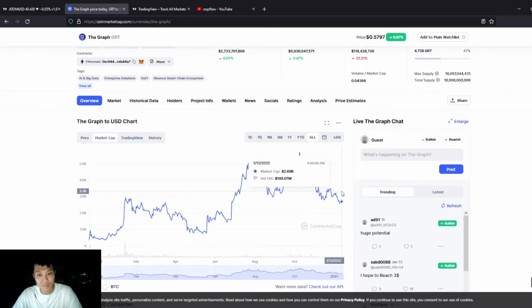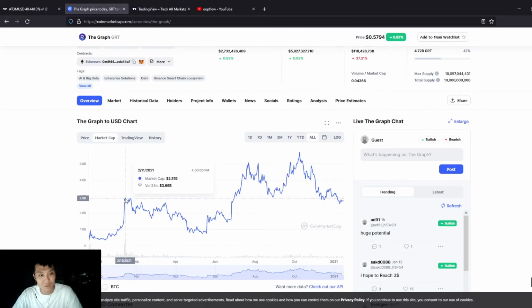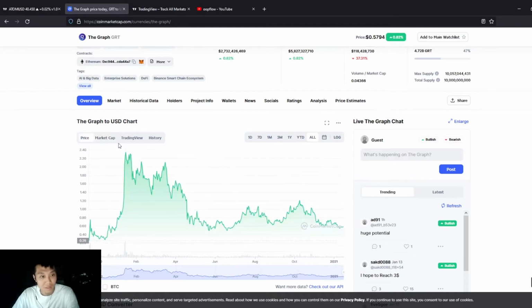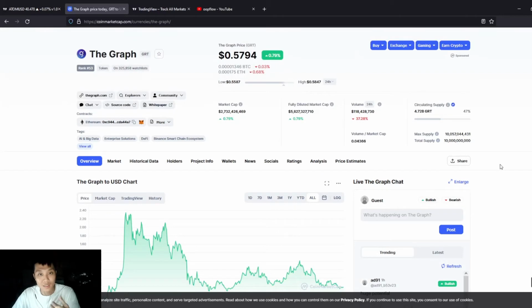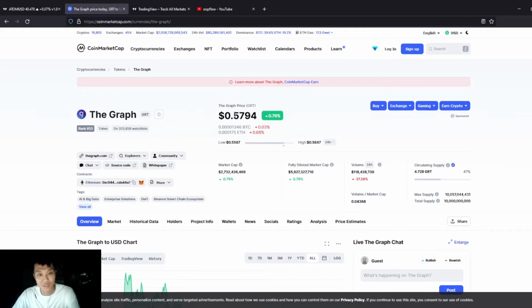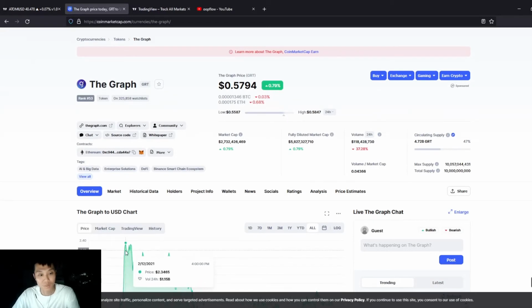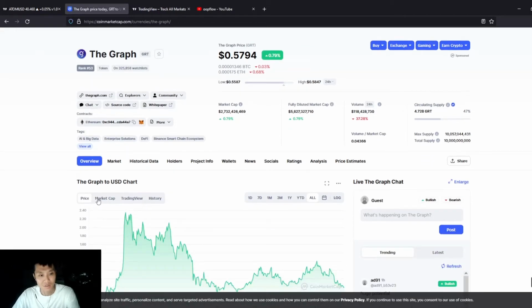If you measure based on the market cap of 2.73 billion and go back in time to right here, 2.73 billion, in February, keep note of the date, what it's saying is that currently the price is supposed to be $2.34. They introduced so many coins into the system that the inflation rate for this coin is like 400% in a span of a year, if you understand what I'm saying.